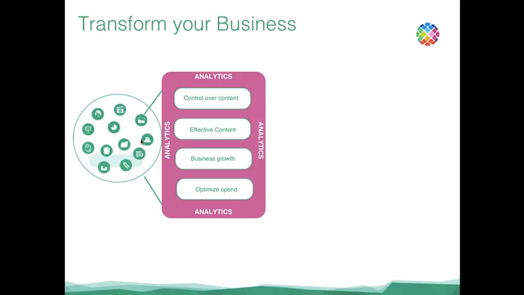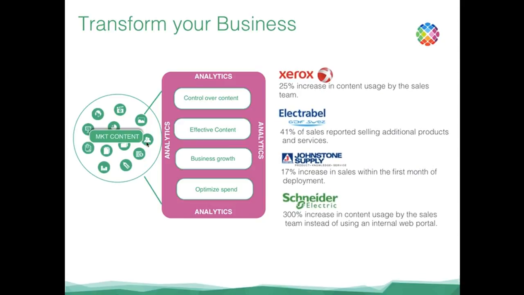If it's not, how can we make it better, to make sure that we're allocating resources appropriately and optimizing on whatever we're trying to do? So by closing this gap and being able to create better content, you're really helping businesses transform, and you're helping them grow by giving them control, by allowing them to create effective content, as we've been talking about during this presentation.